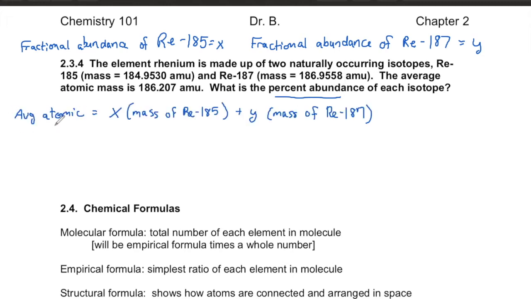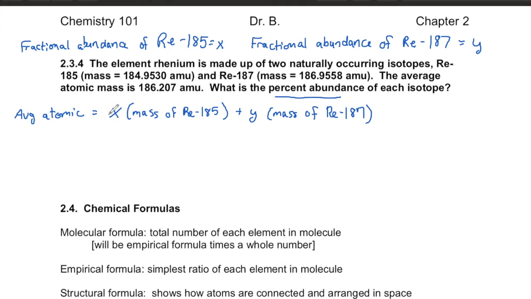So if we did not know the average atomic mass, what we would do is take the fractional abundance of rhenium-185 and multiply it by the mass of rhenium-185. And then we would take the fractional abundance of rhenium-187, multiply it by the mass of rhenium-187, and then we'd add both of those numbers together.